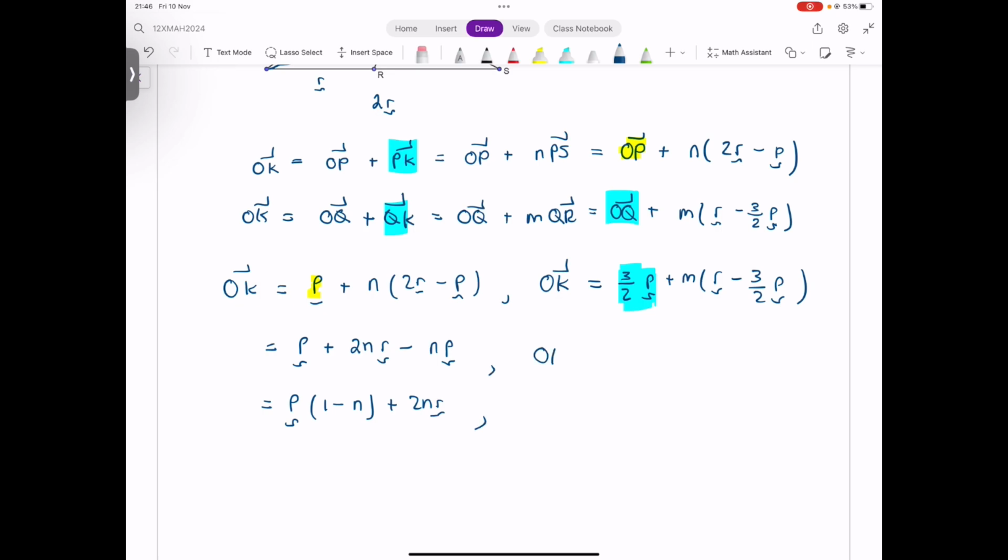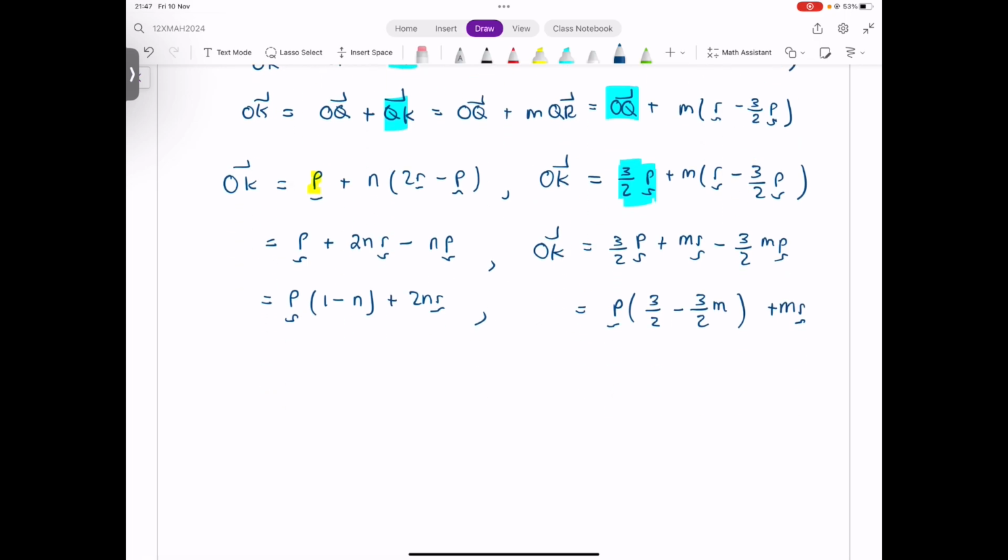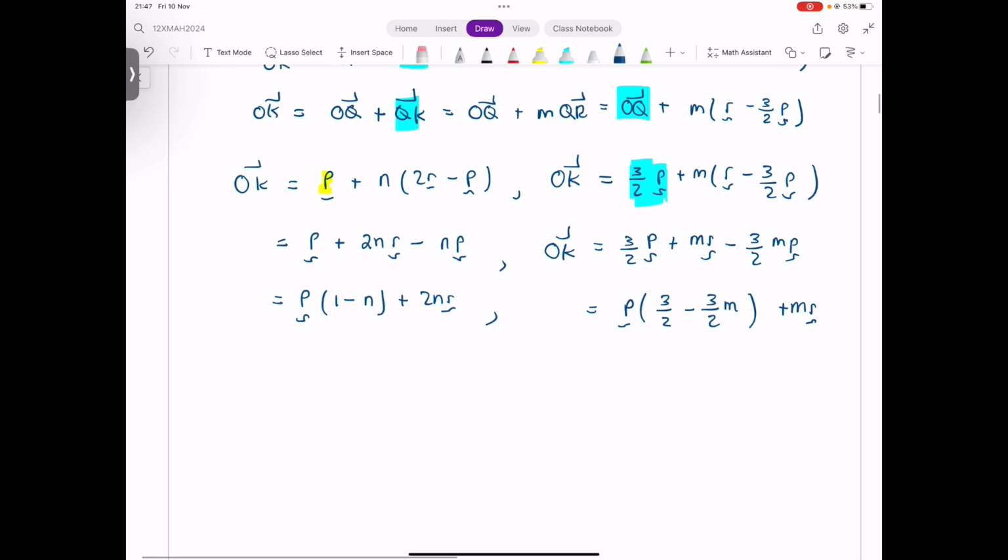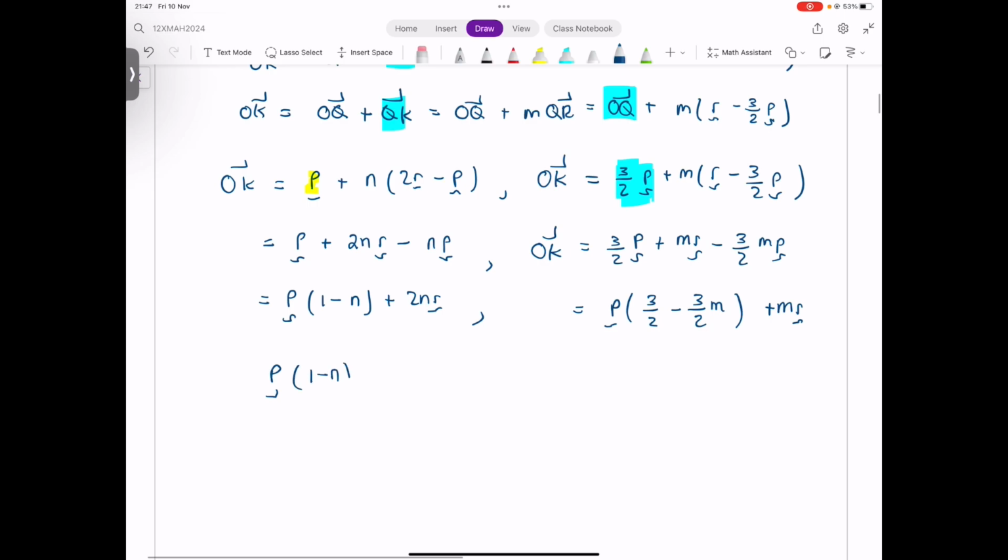Our second one, let's expand: 3 on 2P plus MR minus 3 on 2MP. Take out a factor of P again: P(3 on 2 minus 3 on 2M) plus MR. Now the question tells us to equate these two vectors, because they're both OK, so they're the same thing. So P(1 minus N) plus 2NR is equal to P(3 on 2 minus 3 on 2M) plus MR.